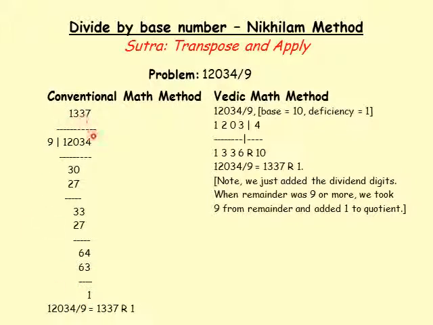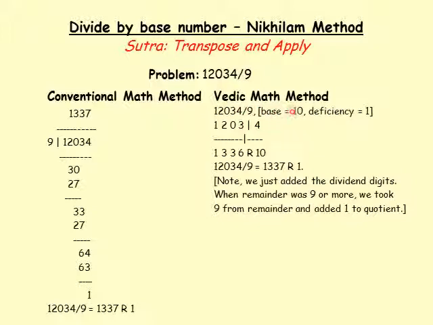So after we went through so many steps, the answer was 12034 divided by 9 is 1337, remainder 1. In Vedic math, we just say 12034 divided by 9.